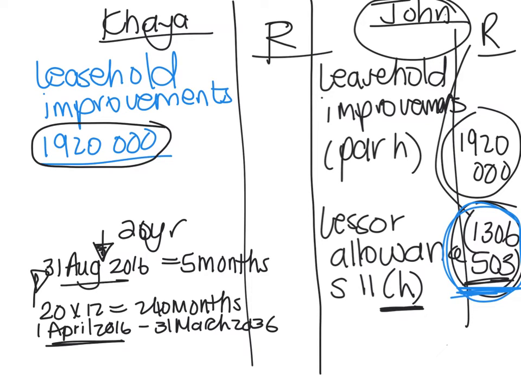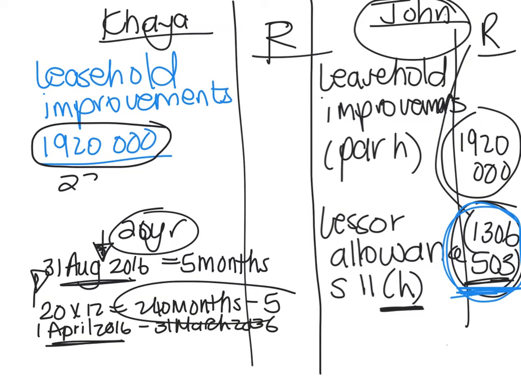So on the 31st of August, how many months are remaining within this lease agreement? And that's a very simple calculation, the 240 months minus 5. So that's going to give us our divider of 235 months. Right. So that's the remaining period of this lease agreement.